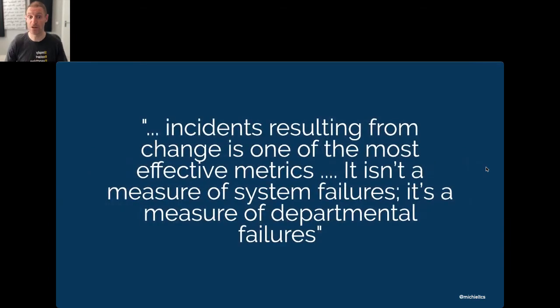For example, I found this on the internet the other day, and again, this is not unique either. Some person saying that incidents that result from change is a very effective metric to a degree that it's actually not a metric of system failures, but it's more a measure of departmental failures, ergo people. So if we were to just simply get the number of incidents associated with change down, then we're fine.